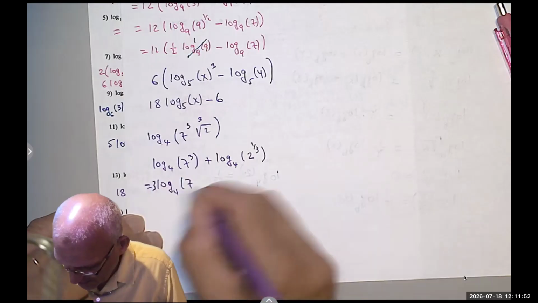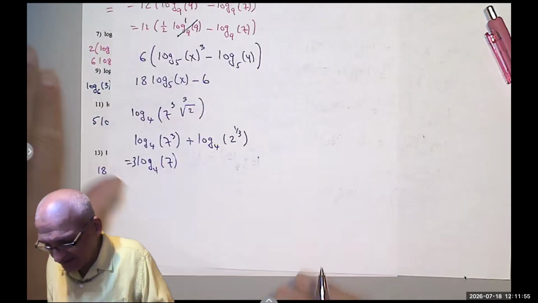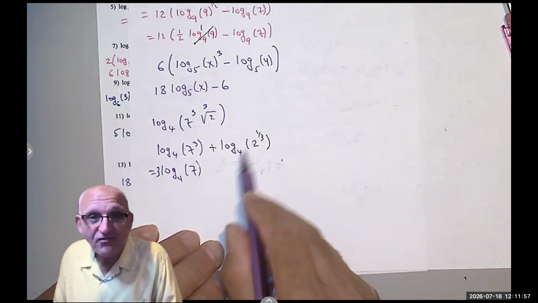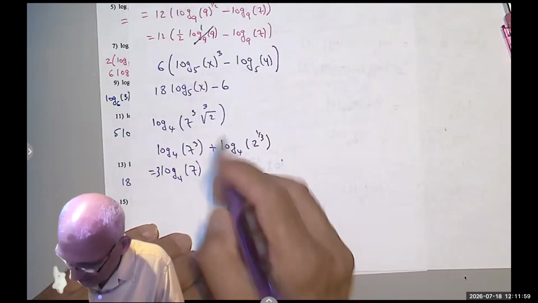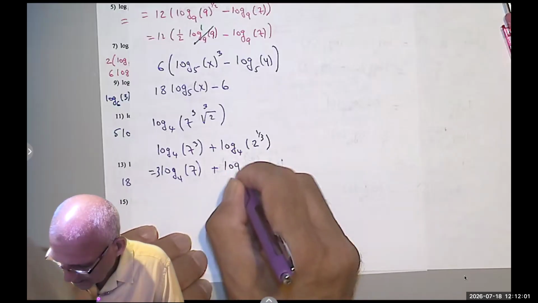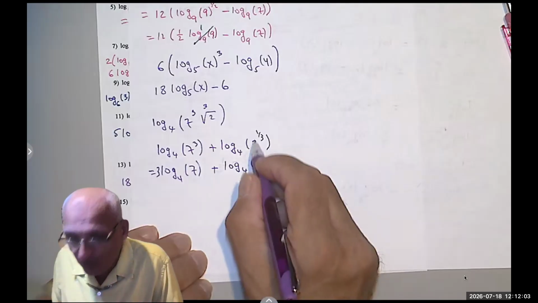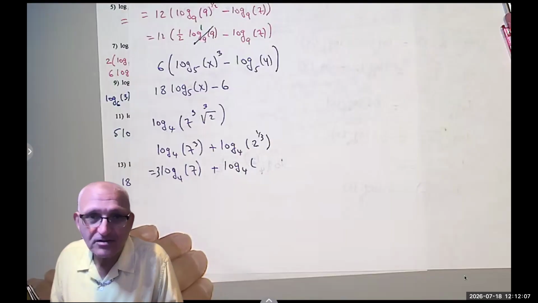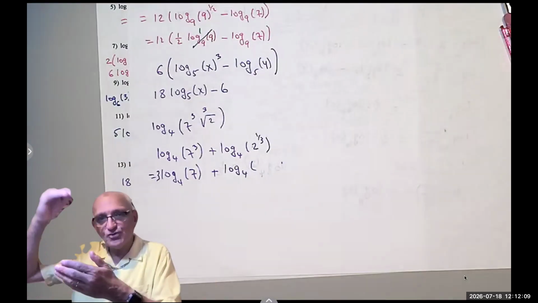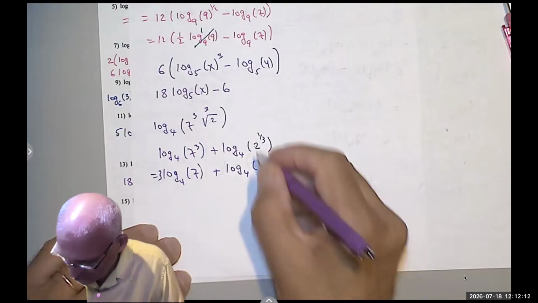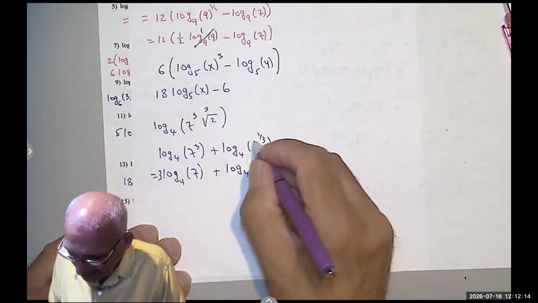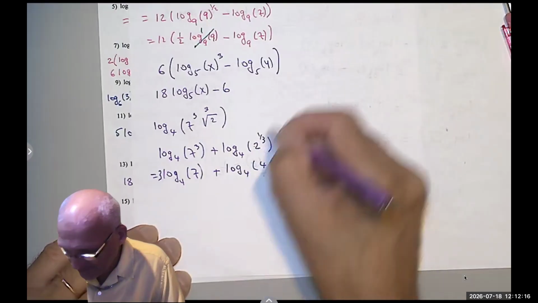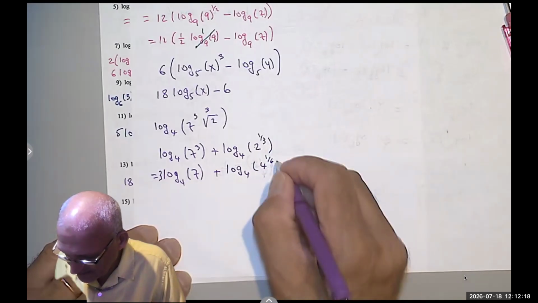Well, we can bring the 3 down. Forget about that, that's done. But you see 2 and 4. I can write this as 4 to the 1/2 to the 1/3. And we learned in exponents, when you have two exponents, you multiply them. So 4 to the 1/2 to the 1/3 is 1/2 times 1/3, which is 1/6.